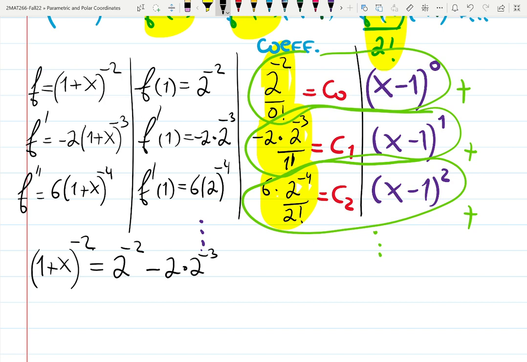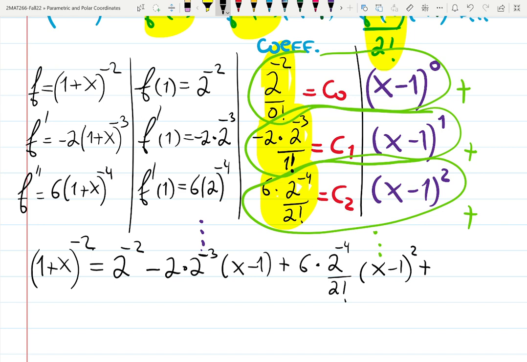I don't even simplify. I will not ask you to simplify. It's fine. Multiplied by x minus 1 to the 1 divided by 1 factorial. Plus 6 times 2 to the minus 4 over 2 factorial, x minus 1 squared.